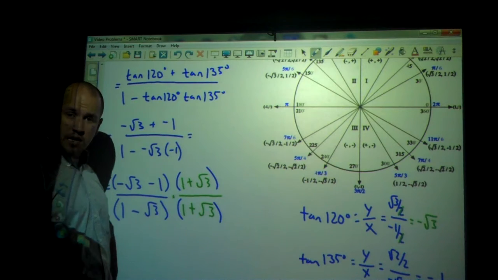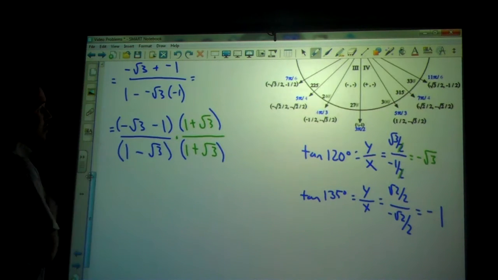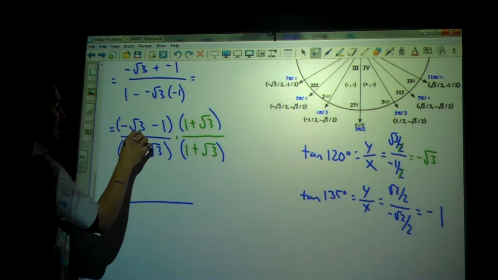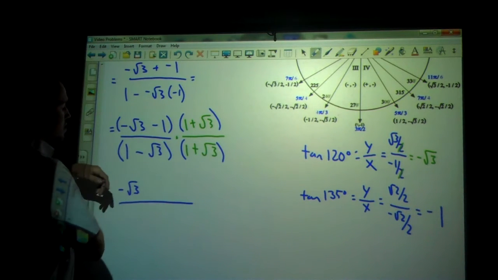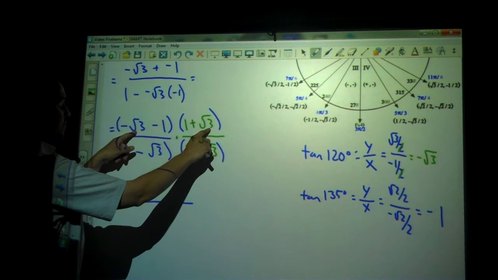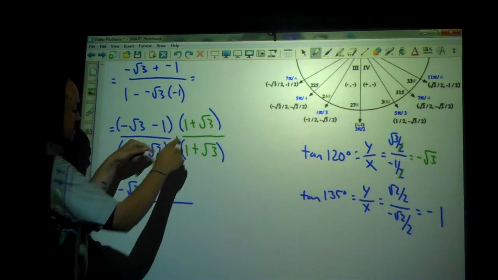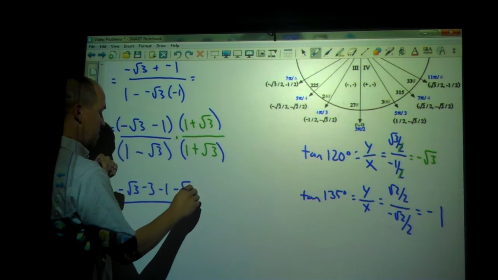I'm going to use the FOIL technique for the top and the bottom. Okay, so the FOIL on the top, do the top first, is negative root 3 times 1. The outside is negative root 3 times root 3, which is negative 3. Inside is negative 1, and then the last is negative root 3.